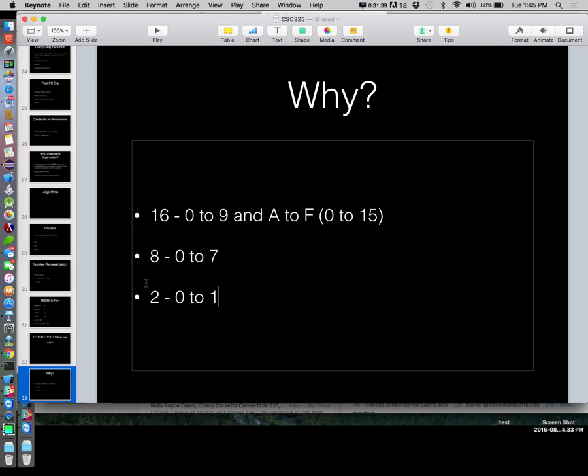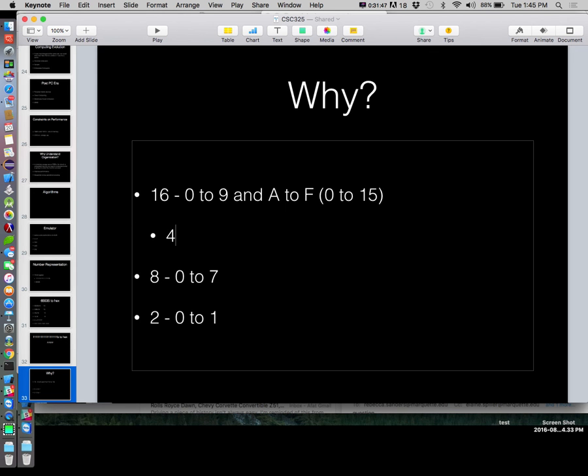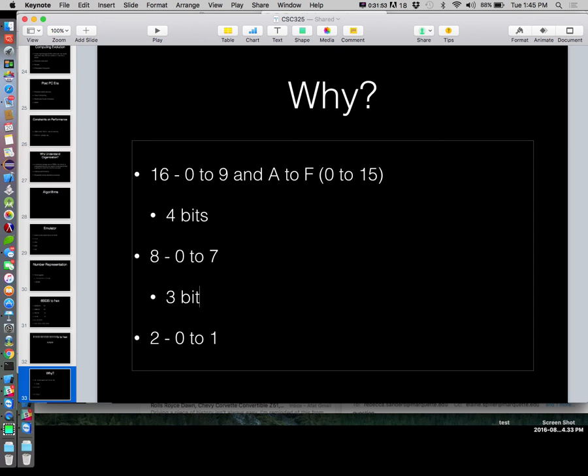Okay, we want to start thinking about these guys as systems. So why did we choose 4 bits for hexadecimal, and 3 bits for base 8? Why 4, why 3? What is the largest value in the hexadecimal number system?